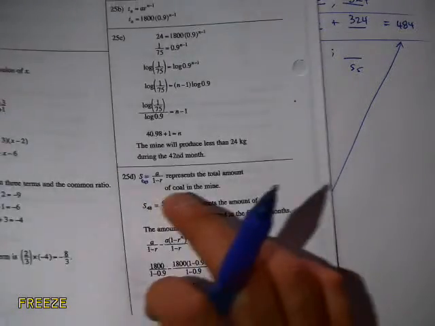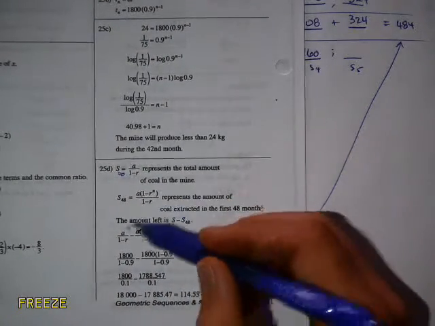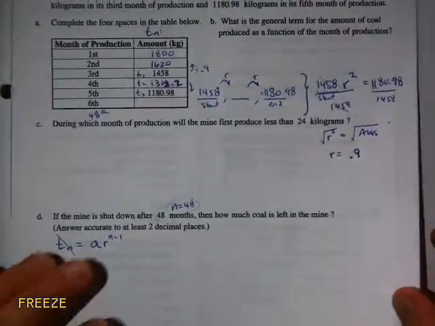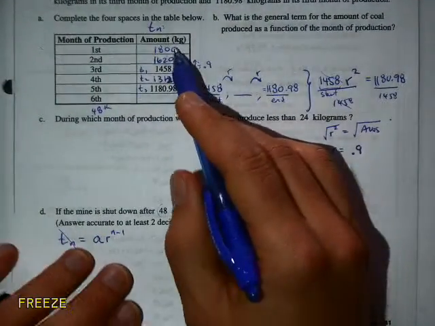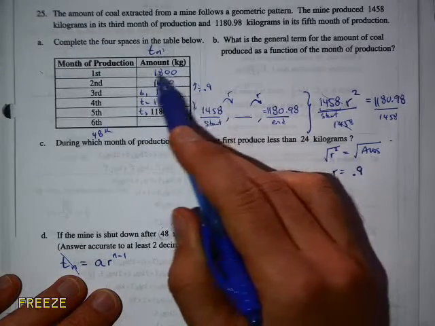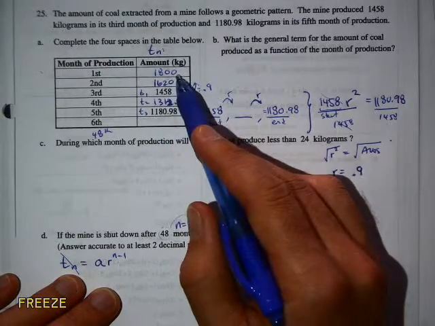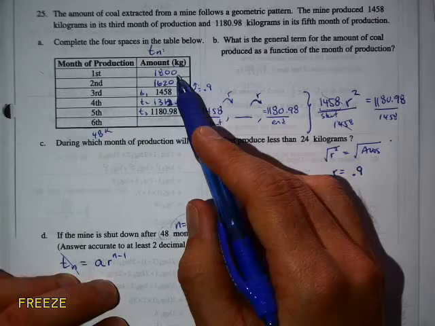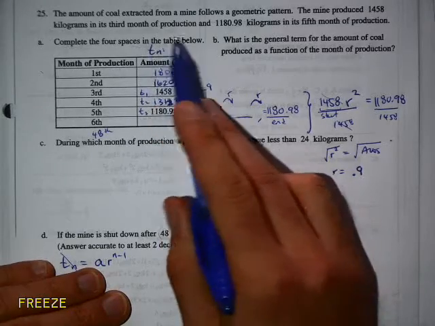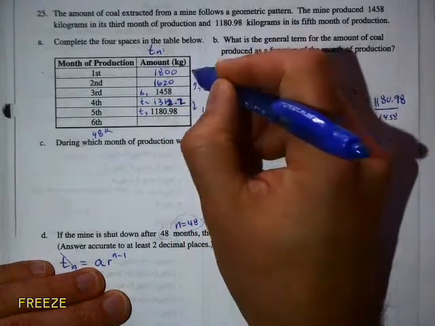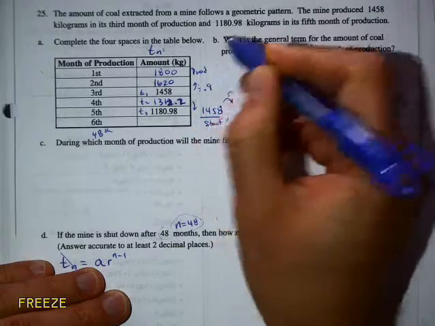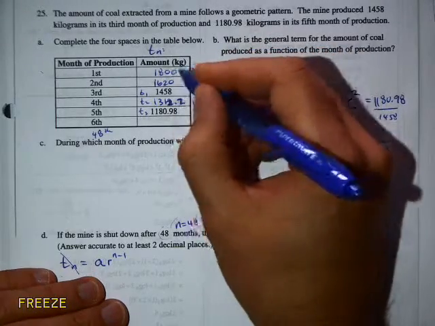Maybe that's how they're answering that. They're saying just because it's 1800 in the first month, that only tells us how much was produced. Right? It's 1800 that was produced.